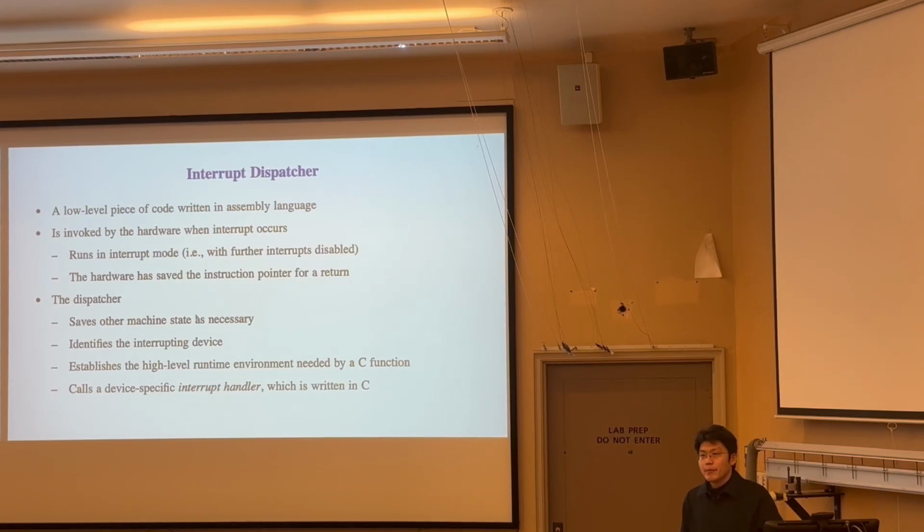Because of this two-layer design, the interrupt dispatcher takes over these functionalities: save execution context and machine state, identify the interrupting device using the IRQ number, establish the high-level runtime environment needed by the interrupt handler function, and then call a device-specific interrupt handler, which is written in C.